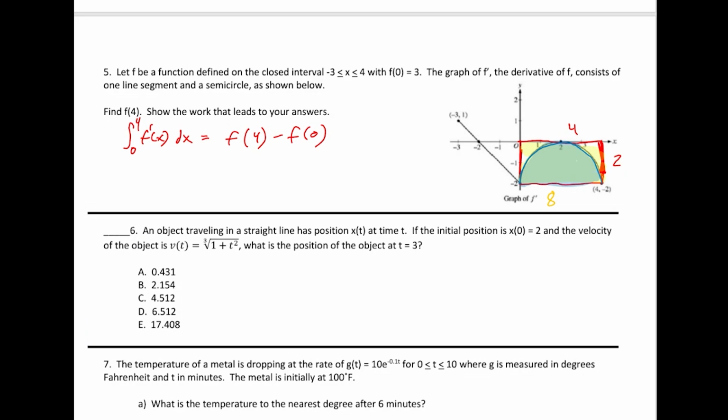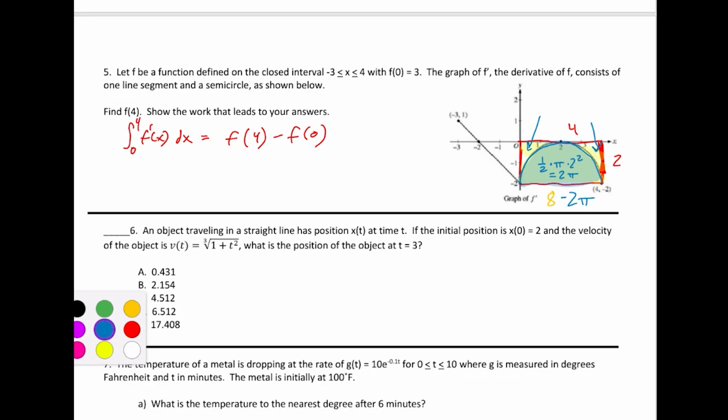So half pi r squared would be half times pi times the radius here is 2, so times 2 squared. 2 squared is 4. 4 divided by 2 is 2. So the area is going to be 2 pi. So we've got 8 minus 2 pi.